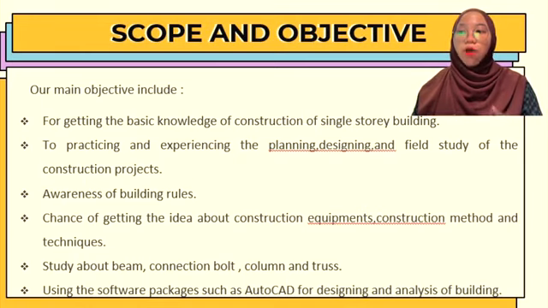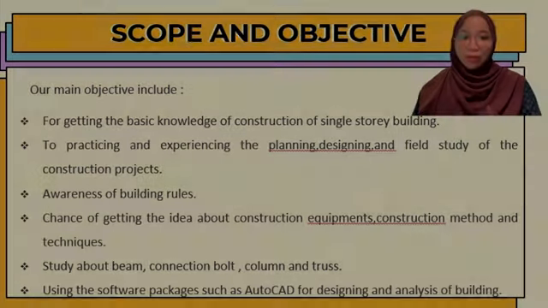Next, awareness of building rules. Next, a chance of getting the idea about construction equipment, construction methods, and techniques. Next, studying beam, connection, bolt, column, and trusses. And the last is using software packages such as AutoCAD for designing and analysis of buildings.